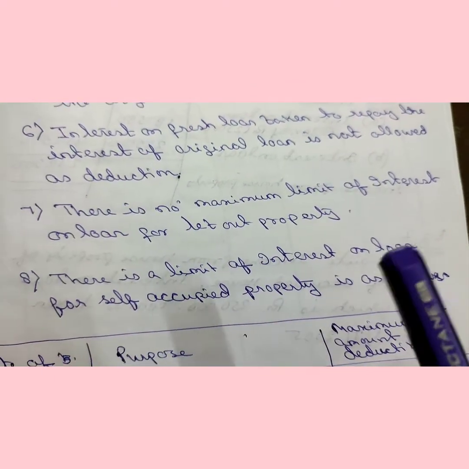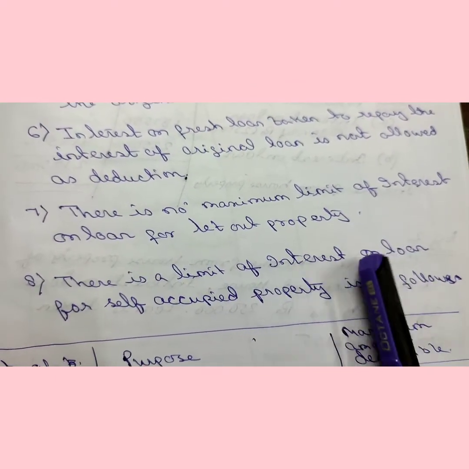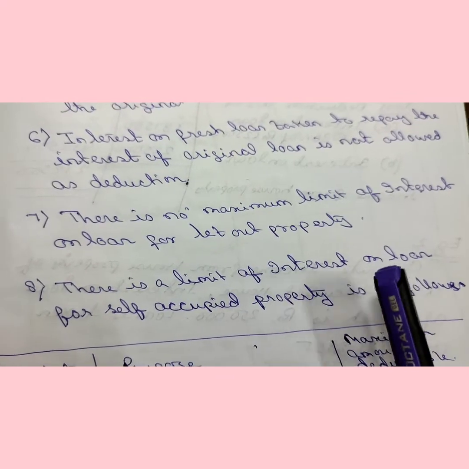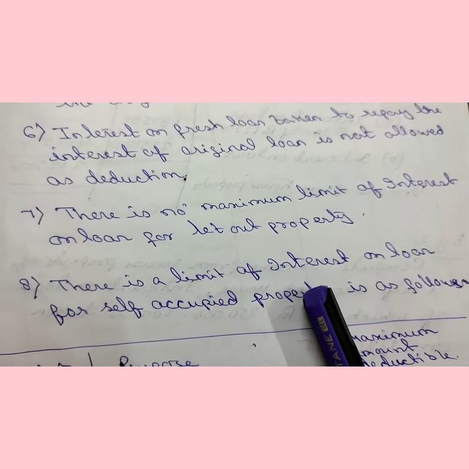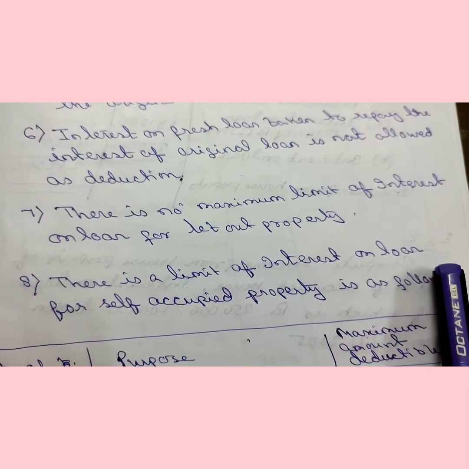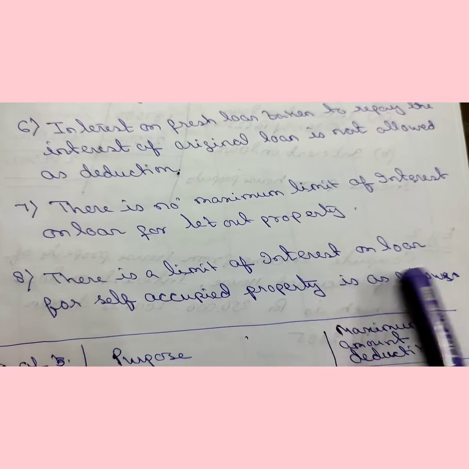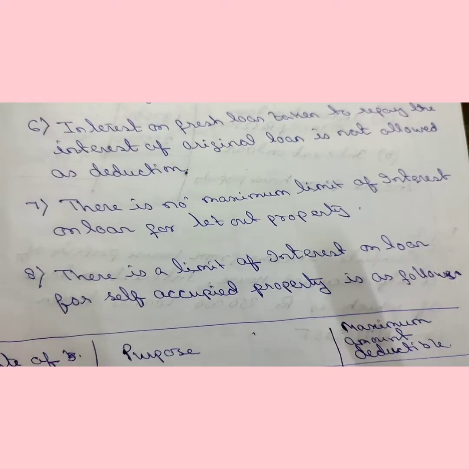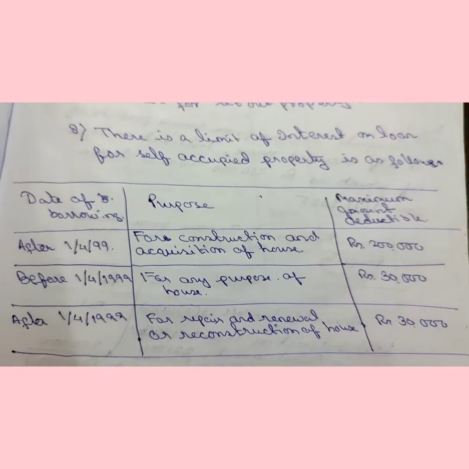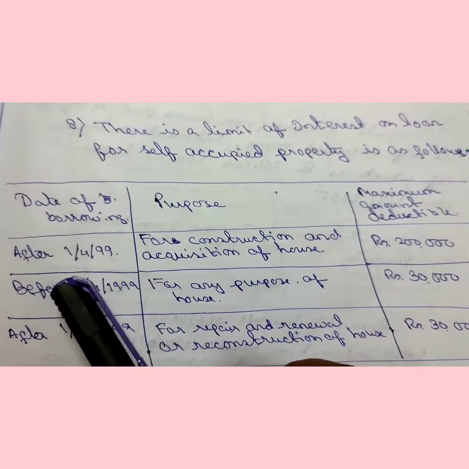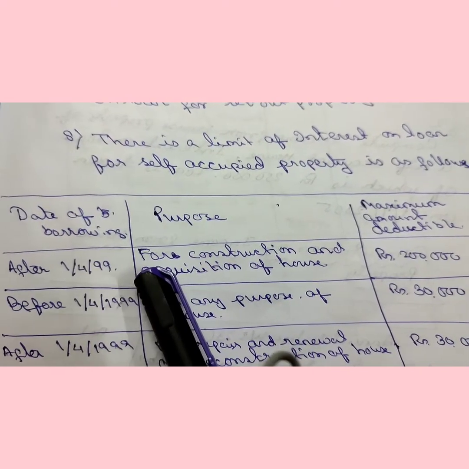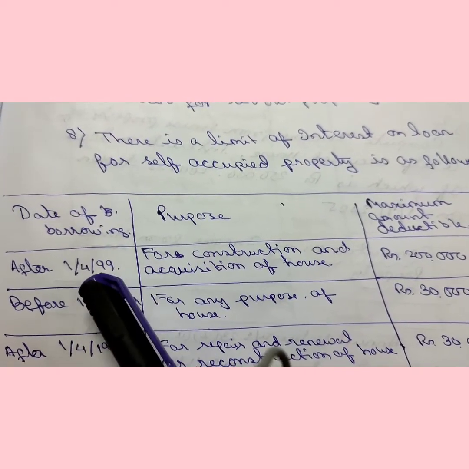But in case of self-occupied house, there are some limits for getting deduction from annual value. There are some limits of interest on loan. What are those limits? Suppose if the loan is taken after 1/4/1999, লোনটা কবে নেওয়া হয়েছে?